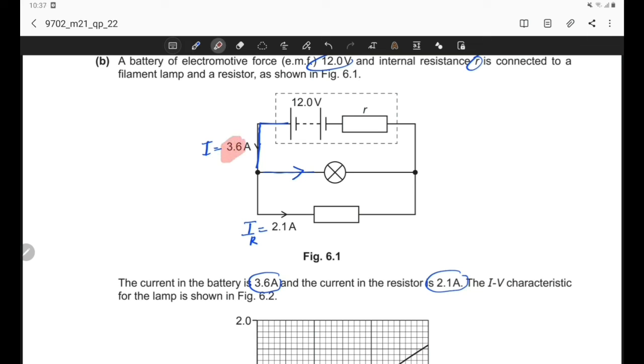So we can calculate the current flowing through the lamp. The total current is 3.6 because that is the current flowing from the cell. Out of 3.6 ampere, 2.1 ampere is flowing through the resistor, so the remaining will be flowing through the lamp. The current in the lamp is equal to the total current in the circuit minus the current flowing through the resistor.